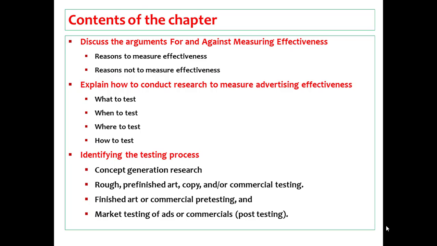They follow four steps, starting from the concept to rough and pre-finished art copy evaluation, finished art commercial pre-testing before it is implemented to the actual scene, and finally market testing of the advertisement commercial or post-testing, which means we also undertake the evaluation after the promotion is already publicized to society. Then I'm going to explain these steps and the associated methodologies that we employ in each stage of the testing process.